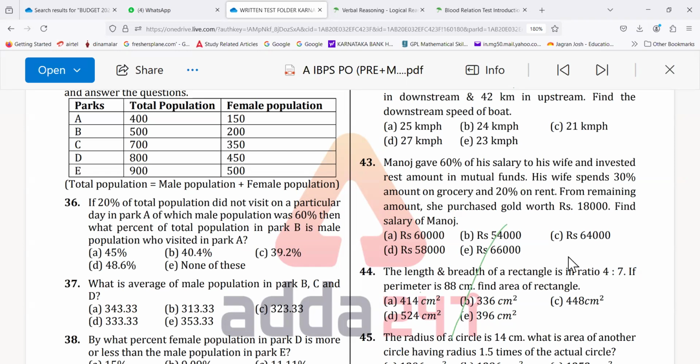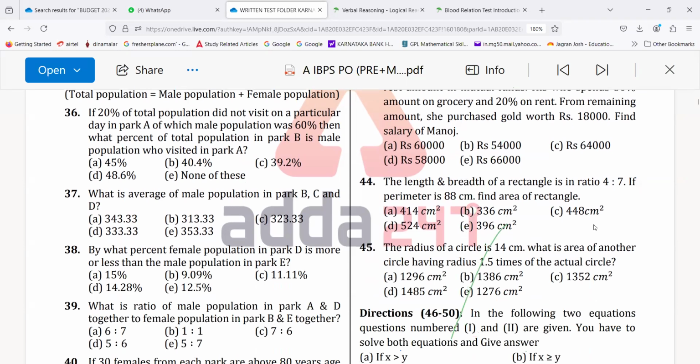How many x? 100x. If x is equal to 600, 100x is equal to 600 into 100, which is 60,000 rupees. I think this is an easy problem. I wish you should get similar easy problems in your exam also. Nowadays, the standard may be slightly higher than this also.